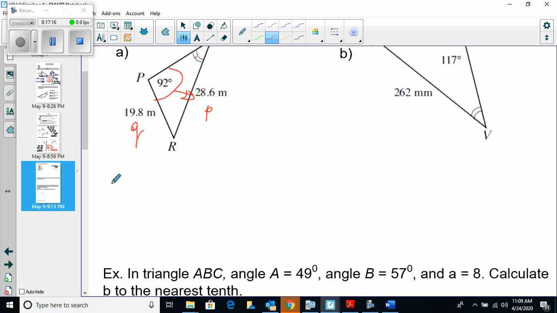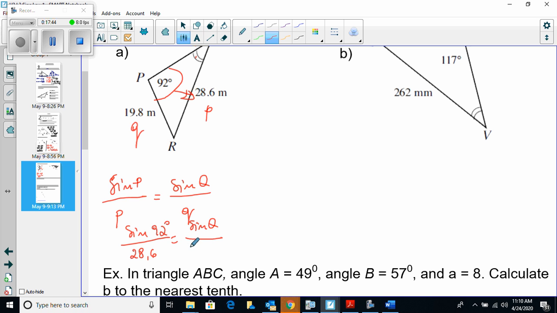So let's write the sine law as sine P over p is equal to sine Q over q. So this will be sine 92 degrees over 28.6 equals sine Q over 19.8.